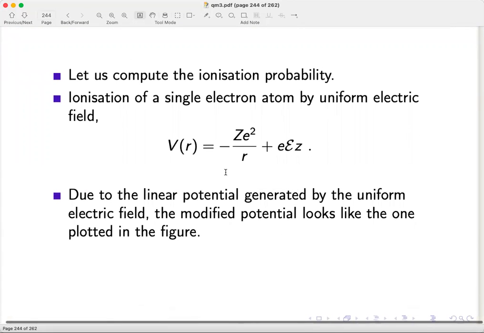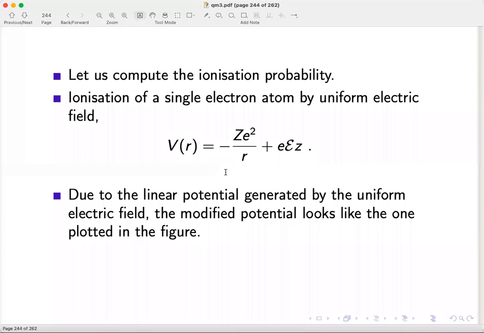To do that, let us consider the ionization of a single electron atom in a uniform electric field, so electric field induced ionization in this particular case. Our potential is the usual Coulomb potential that we have already solved exactly, plus the term generated by the external electric field.